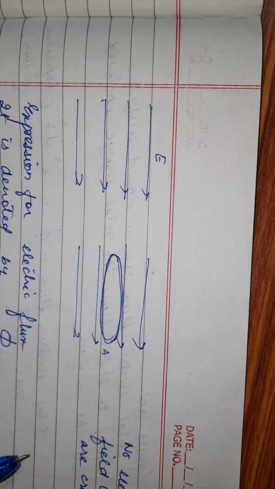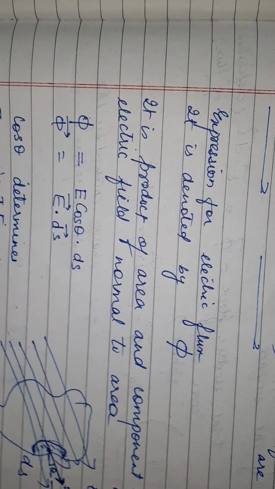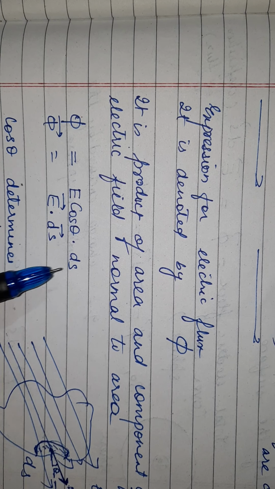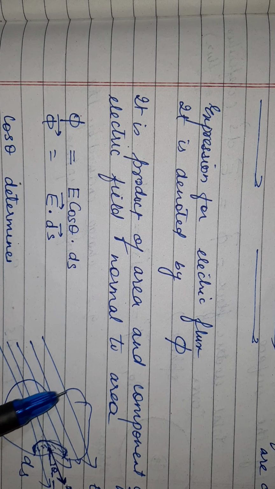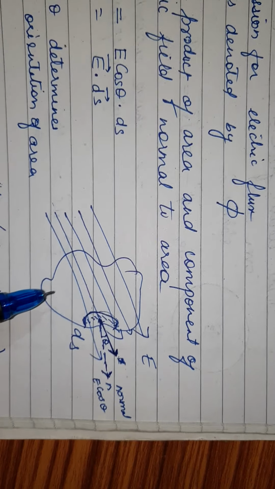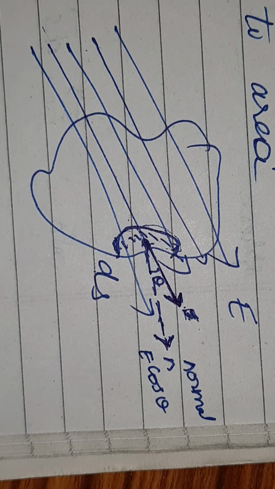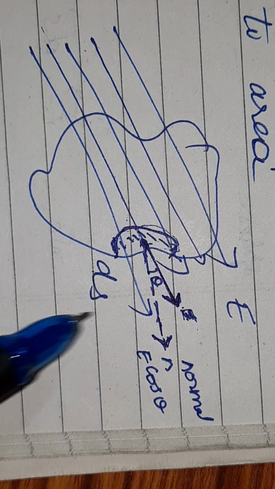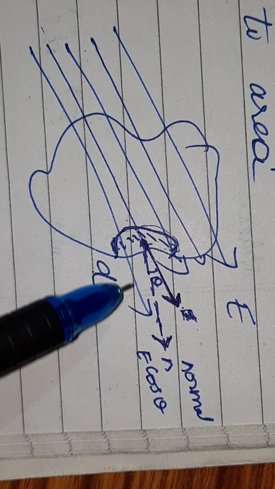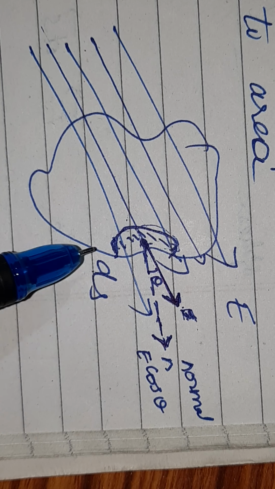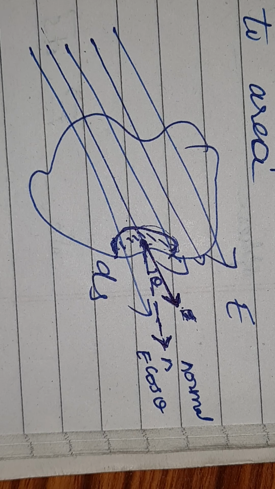Electric flux is denoted by phi. This is how electric flux is denoted, and mathematically it is the product of area and the component of electric field normal to the area. So in this figure you can see an area, and we are considering a small area ds. This is the normal to this area, and along this normal we have the component of the electric field, E cos theta.